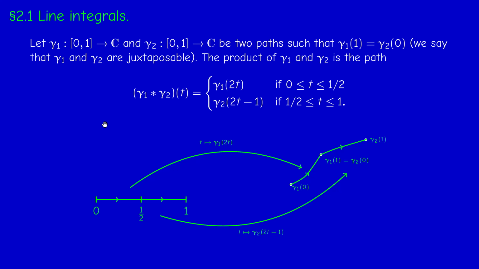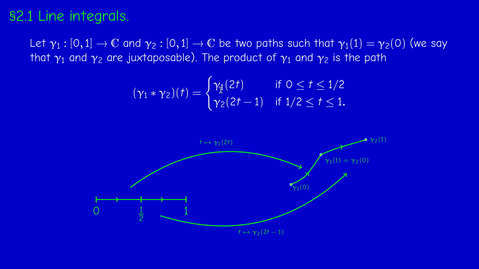Consider the interpretation of a path as being the motion of a particle along a curve. Gamma 1 maps the interval 0, 1 into this curve here with this orientation. Now suppose that a particle starts here and moves at double speed from this point to this point.